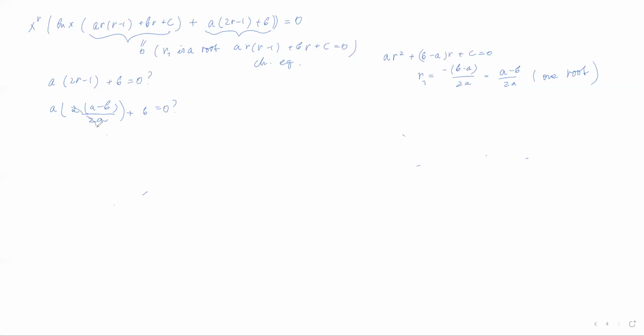Well, 2 and 2 cancel, a and a cancel, and I have a minus b plus b. I think I'm missing something. Yeah, I forgot about minus 1. There was minus 1 here in parentheses. Sorry. I have to erase the next line too, because I already started using the wrong expression.